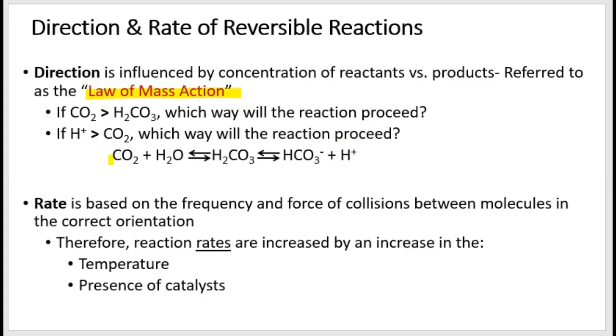In the reaction we just looked at, if the concentration of carbon dioxide is a lot greater than the concentration of carbonic acid, so this is super high and it's low here, which way do you think the reaction will occur? Both of these two steps. I'm sure you know. To the right.